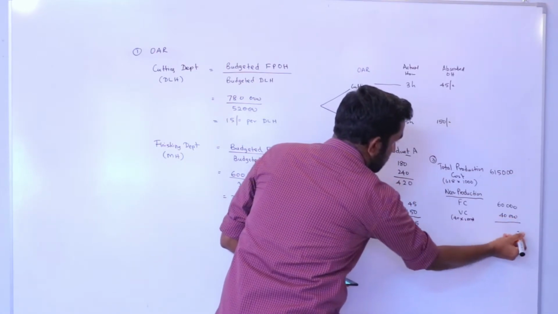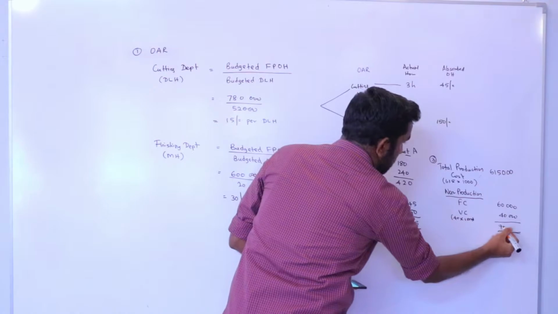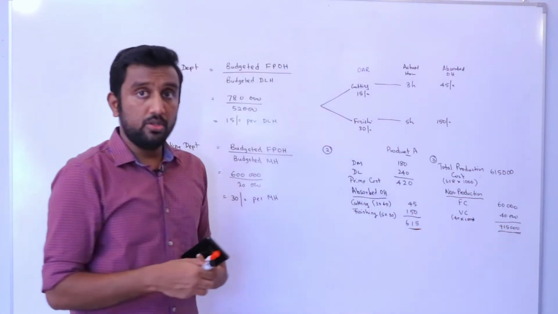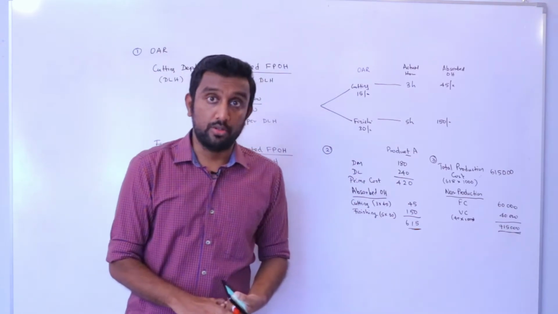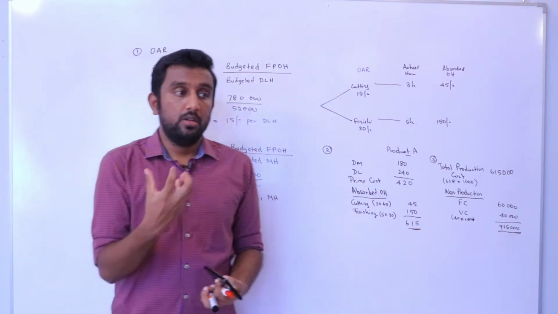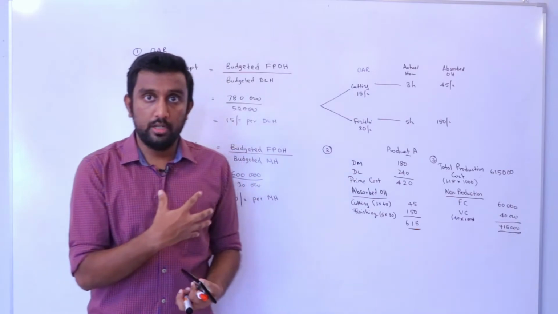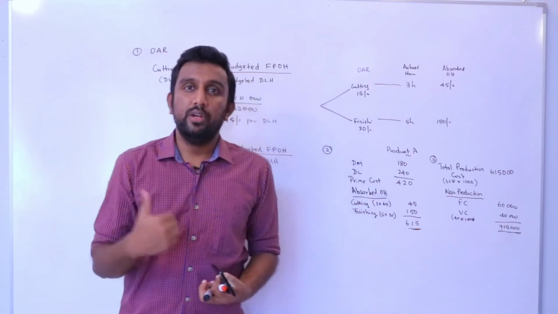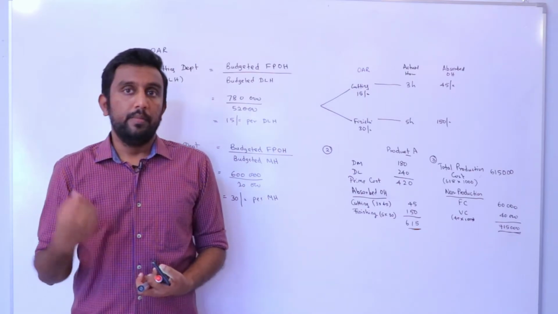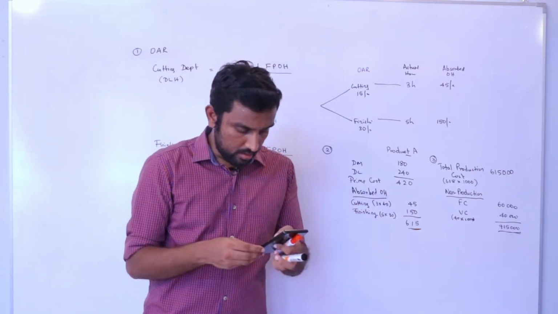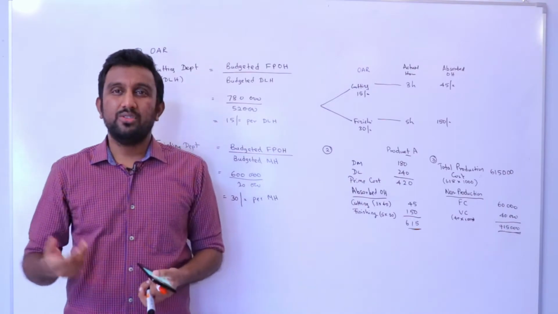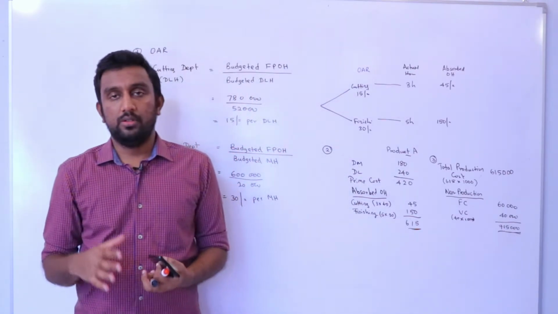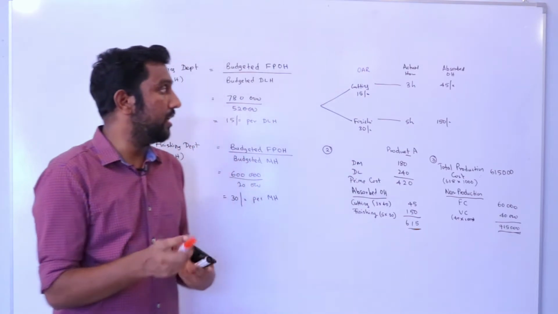So the total is 715,000. If they ask what is the unit total cost, the cost per unit, not production, then you divide 715,000 by 1000. But the requirement is what? At 1000 units, what is the total cost? So the total cost is 715,000.